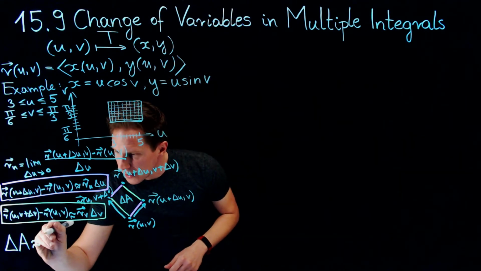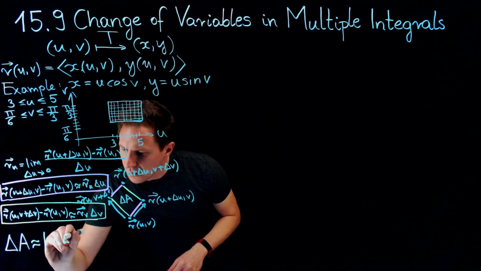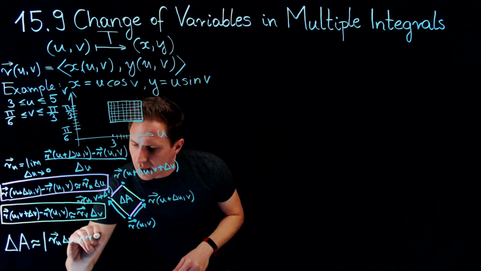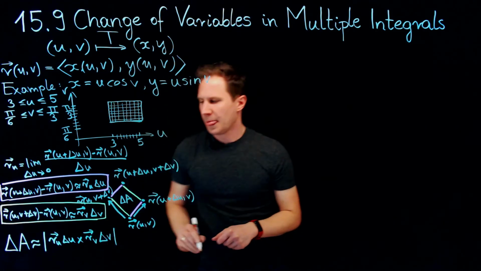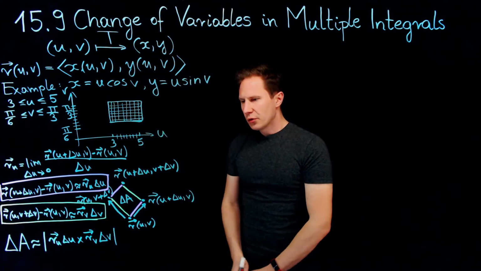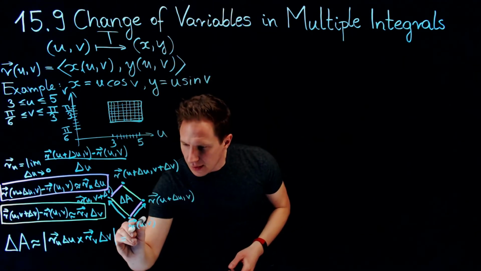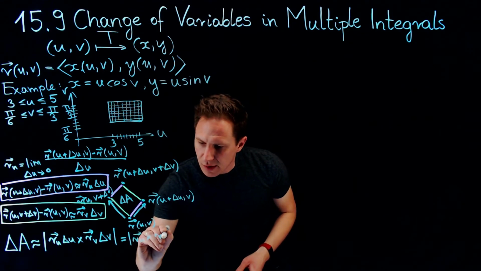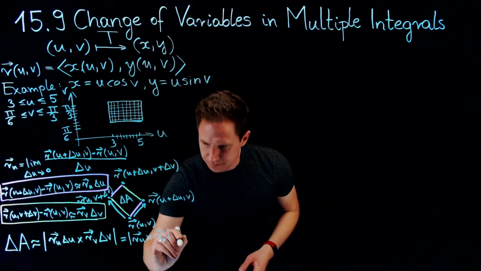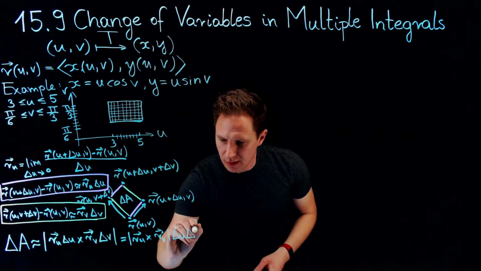So really what we look at is the length of r sub u delta u cross r sub v delta v. We can of course factor out those delta u delta v's, and what we have is the length of the cross product of r sub u and r sub v times delta u times delta v.